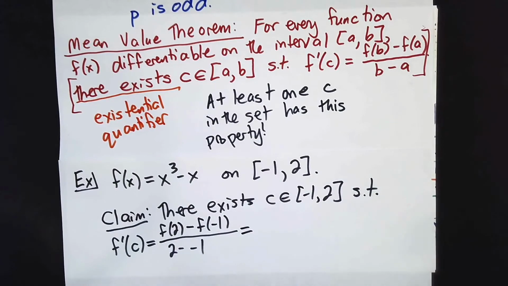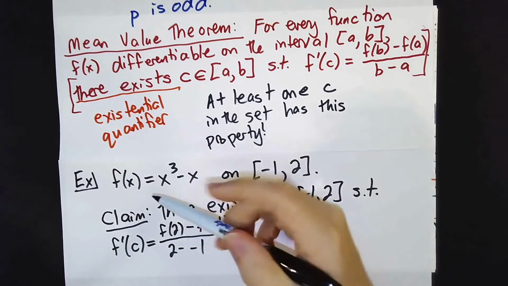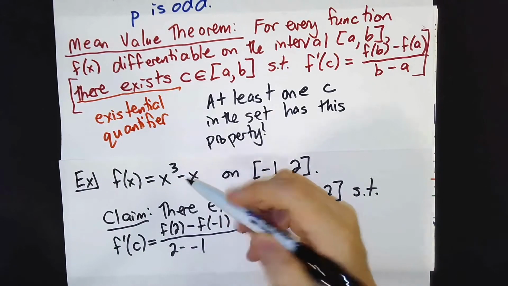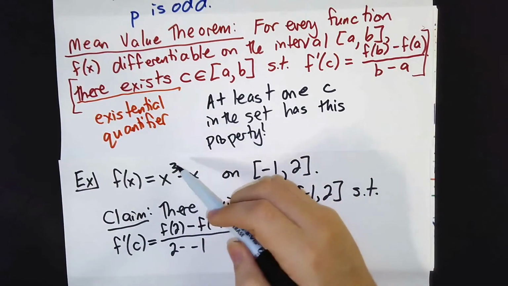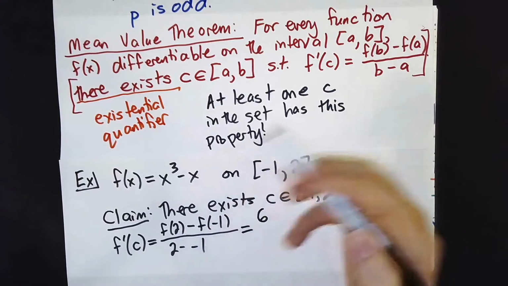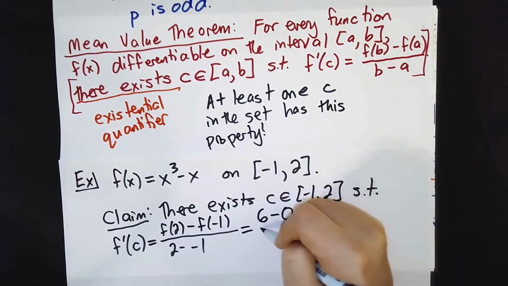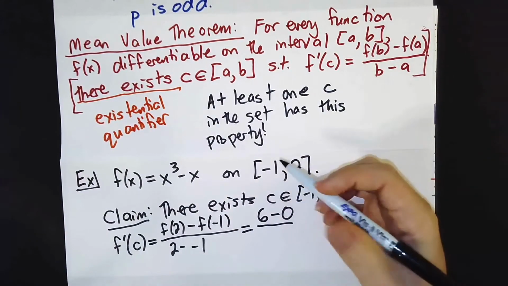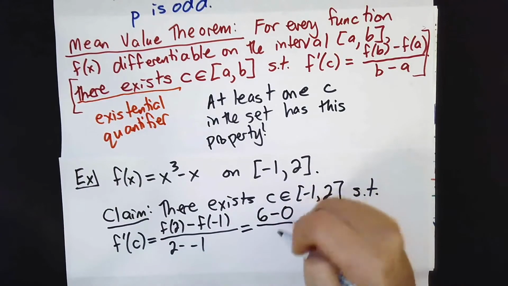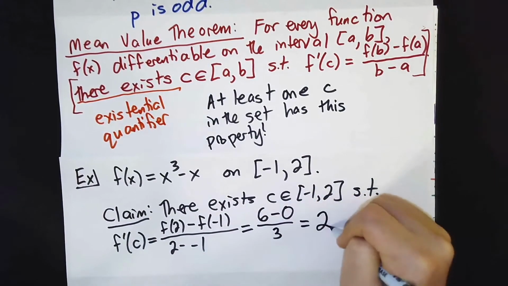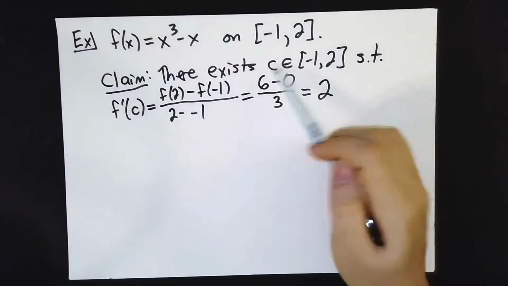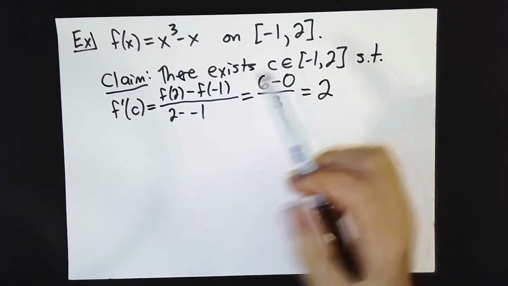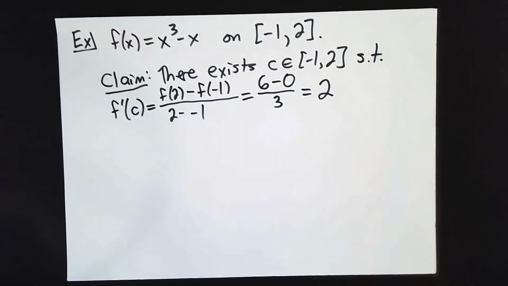So let's check this. f of 2 will be 8 minus 2, so that's 6. f of minus 1 will be minus 1 minus minus 1, so that's 0. Divided by 2 minus minus 1, that's 3. So the claim of the mean value theorem is somewhere in this set, there is a c with this property.